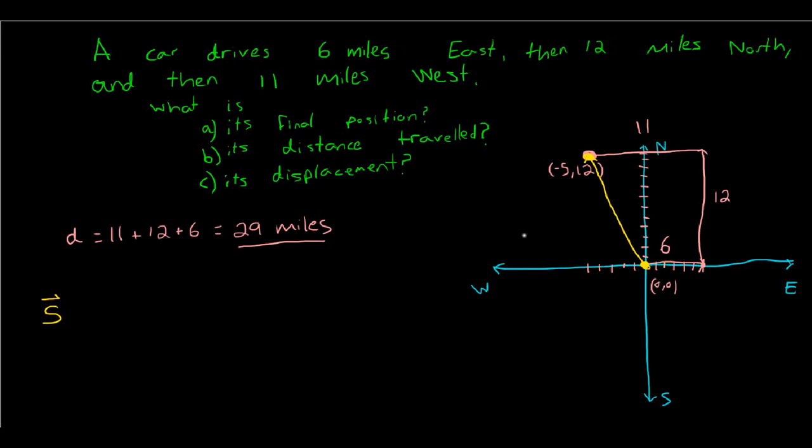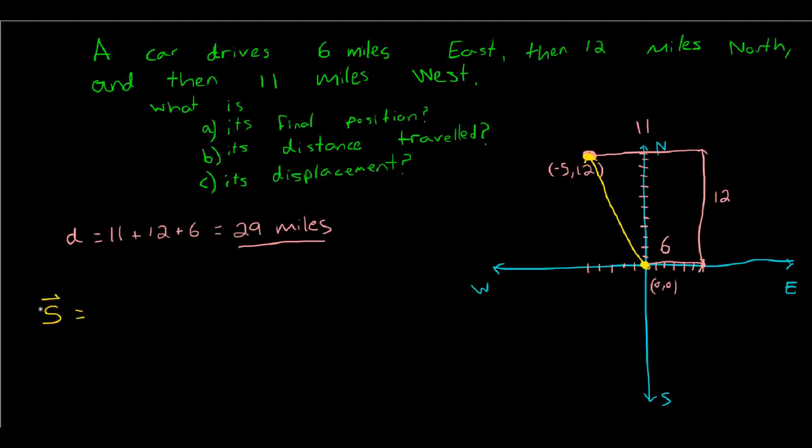Now, in order to figure out what the displacement is, we can make a right triangle and use the Pythagorean theorem. So you should be familiar with breaking a diagonal into its horizontal and vertical components. So let's do that now.